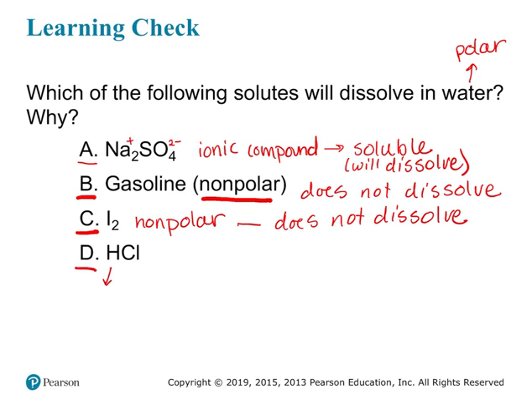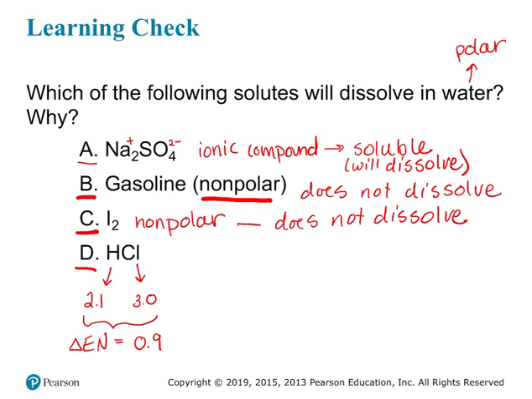And hydrogen has a value of 2.1. Chlorine has a value of 3.0. So if we take the difference between those, we get a difference in electronegativity equal to 0.9.